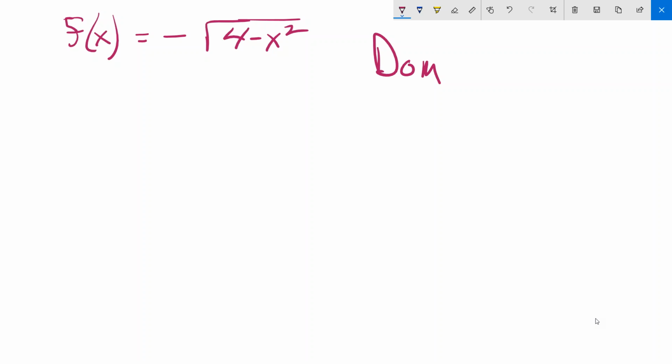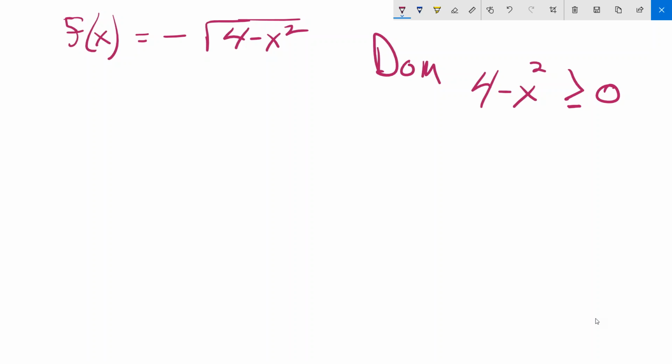But you can't have negative numbers, right? Yeah. Okay. So what that basically means is that whatever's under the radical sign has to be greater than or equal to 0. Can be equal to 0, and it can be positive, but it cannot be negative.